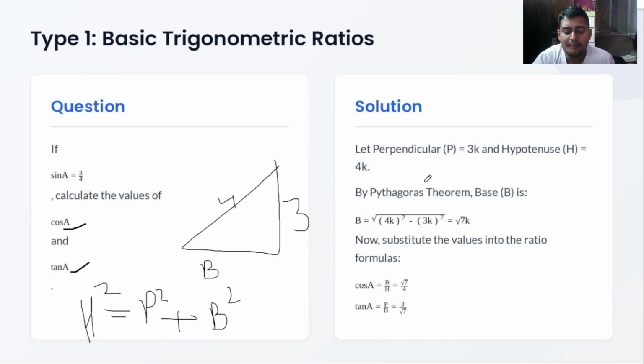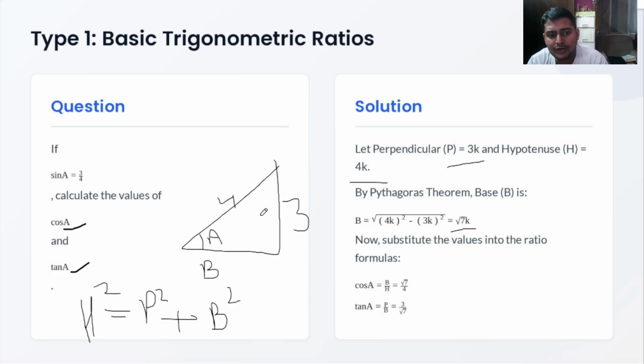Taking perpendicular as 3k and hypotenuse as 4k, we will be finding the base as root 7k. As we have found the base, cos A equals base by hypotenuse, so root 7 by 4. And tan A is perpendicular by base, which is 3 by root 7. This is A over here.